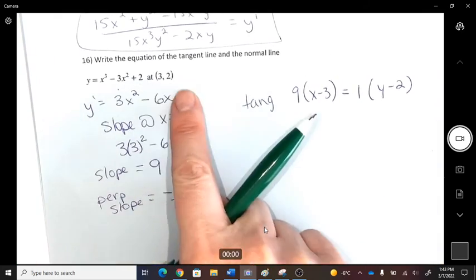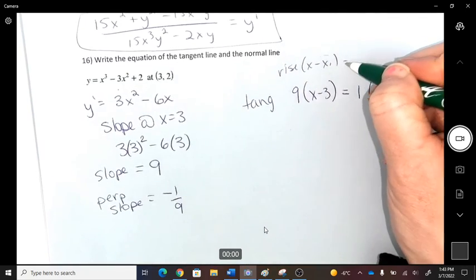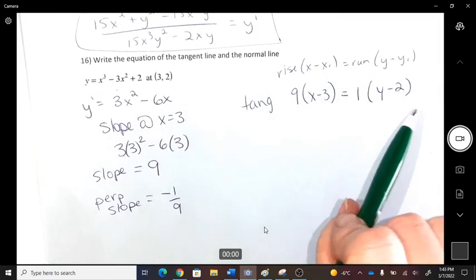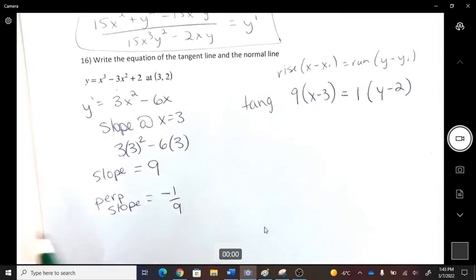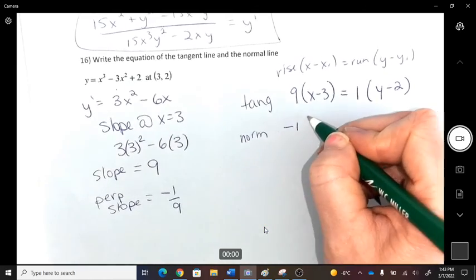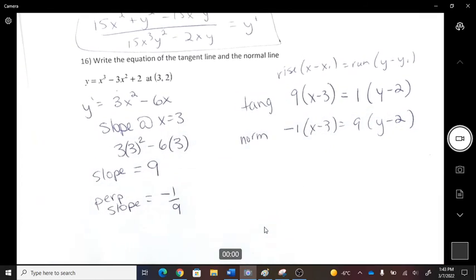Right, I plug this coordinate in. And I think I might give you that formula if you need it. And then the normal is the perpendicular. So we just change that slope to the negative 1 over 9.